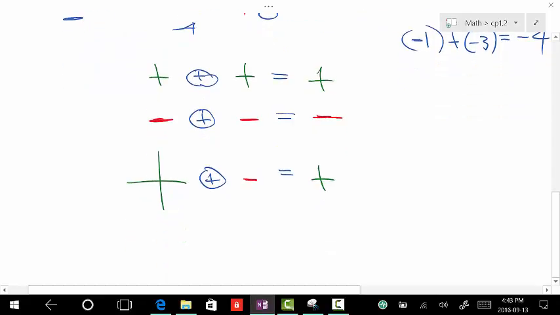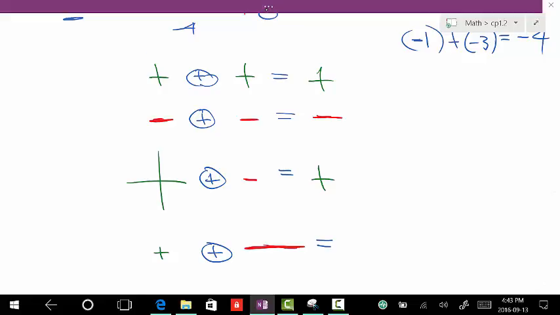However, if you have a small positive number and you're adding that to a big negative number, then the result is going to be a negative number.